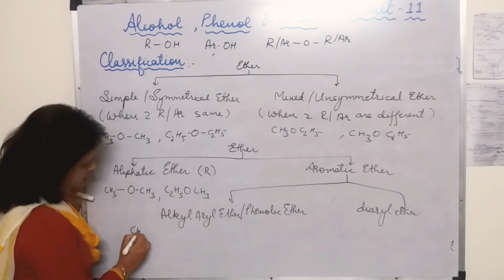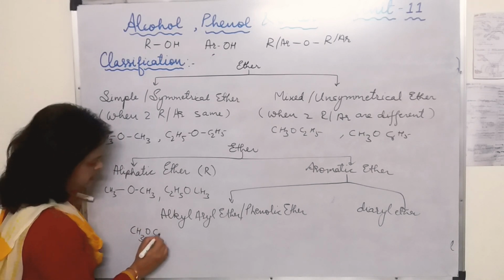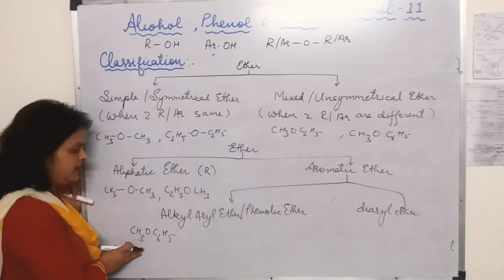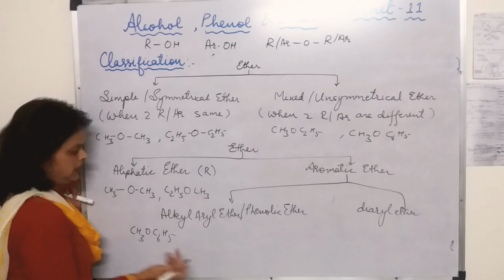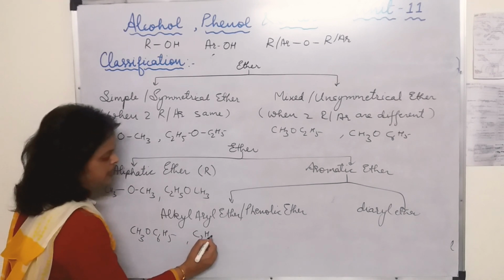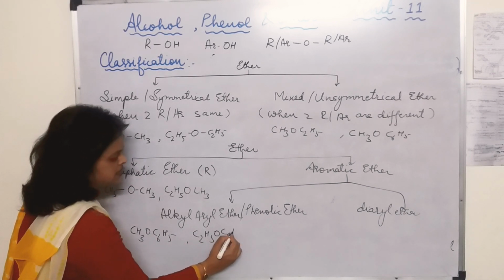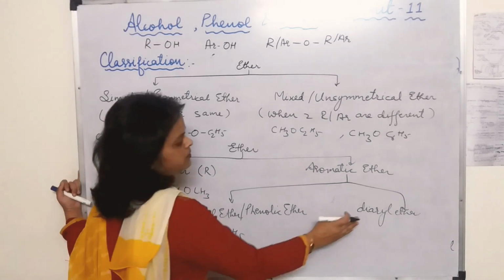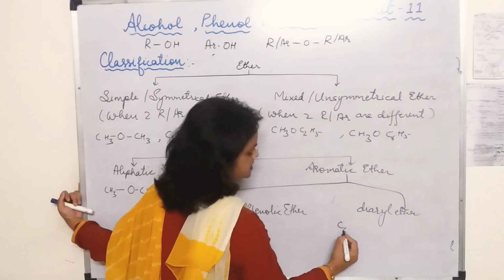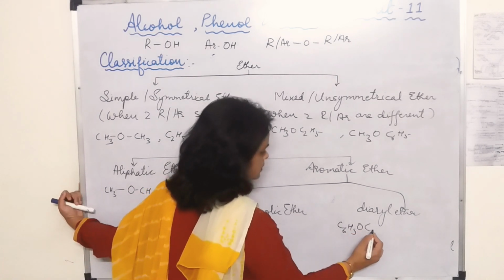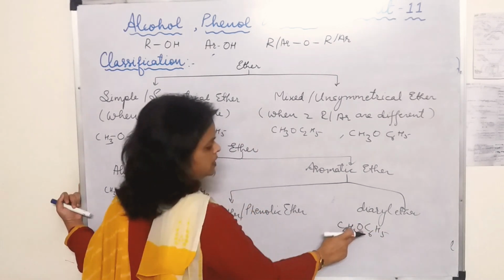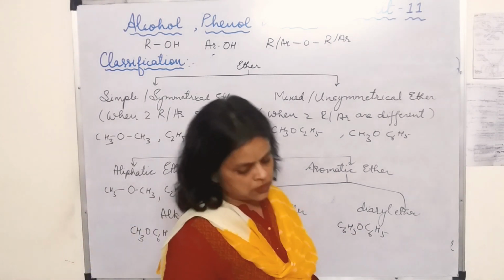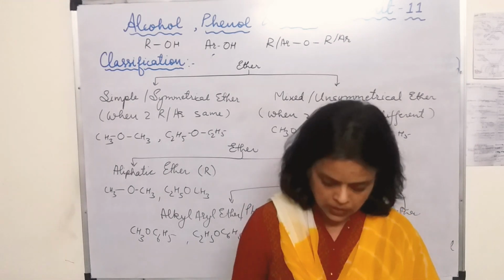For example, CH3O C6H5, that is termed as phenolic ether, or you can write C2H5O C6H5. And when we have aryl groups on both sides, then it will be termed as diaryl ether, like C6H5O C6H5. So here both sides of the oxygen we have aryl groups. So students, in this way we can do the classification.